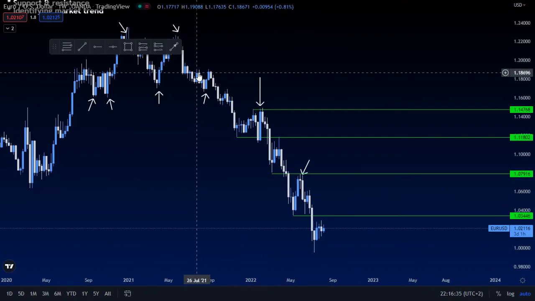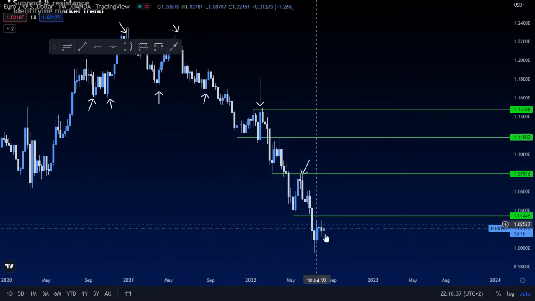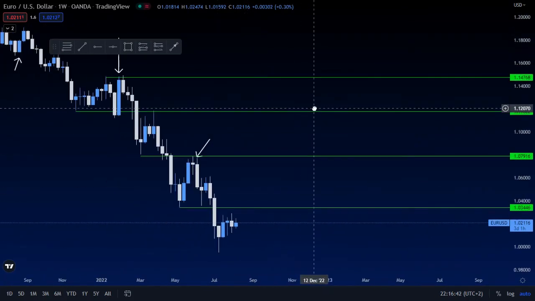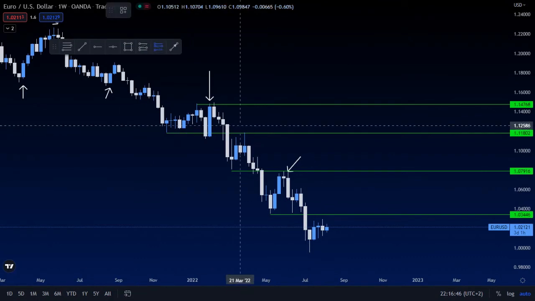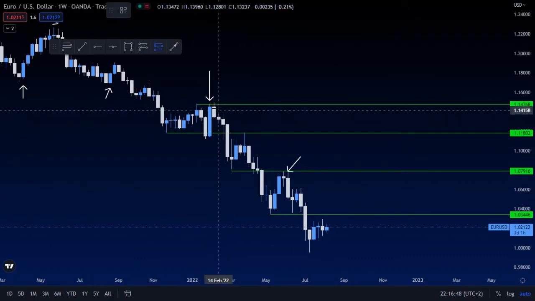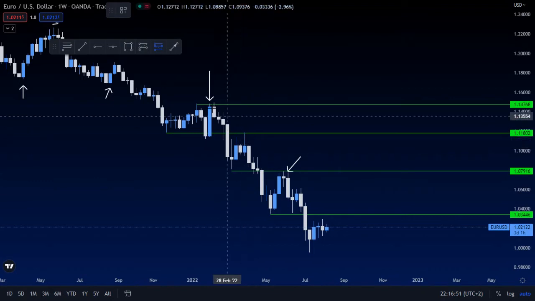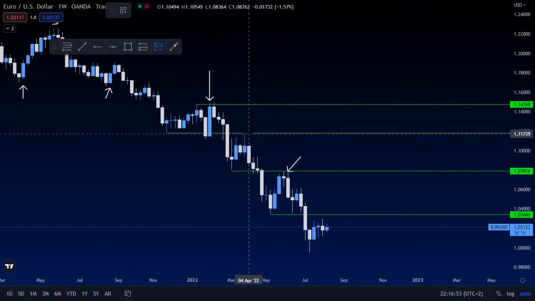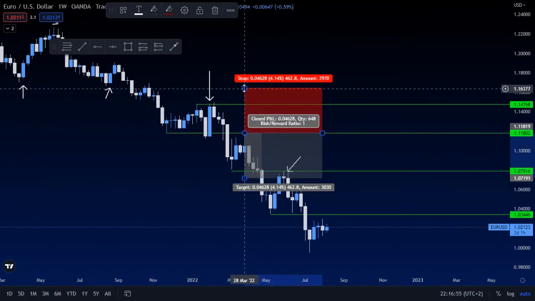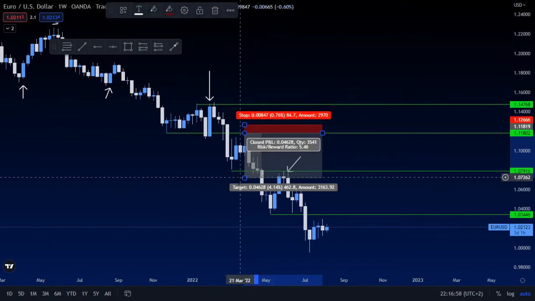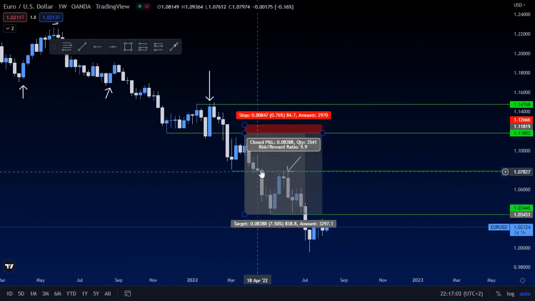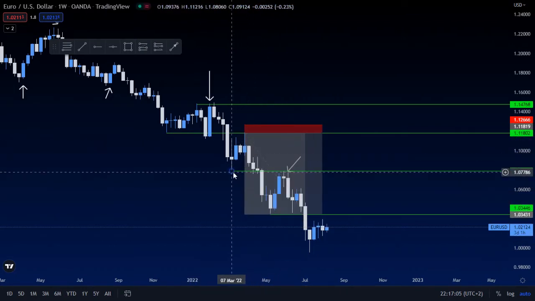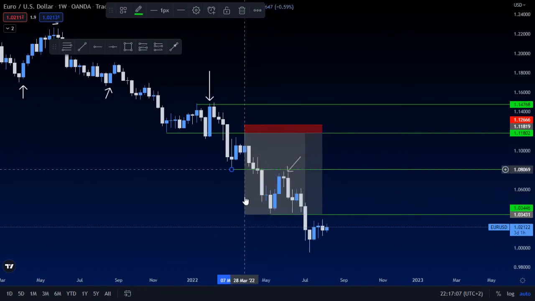What we are looking to do is to buy at support and sell at resistance. But because the market is showing us bearish structure, we will only look to trade selling. So in this case, for example, after the market broke through this support level, because we know and understand that the market is in a bearish channel, this is where we would be looking to take sell positions with anticipation that the market will create a new lower low.